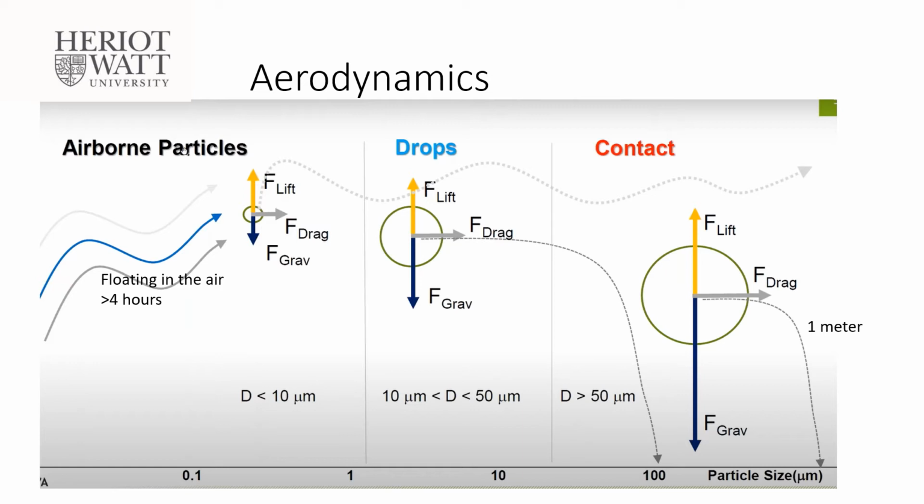The other one is slightly bigger, so it will drop, but still travel a distance. The bigger ones, like big droplets, will fall onto a surface or the ground very quickly, within 1 meter or so. Bear this in mind.